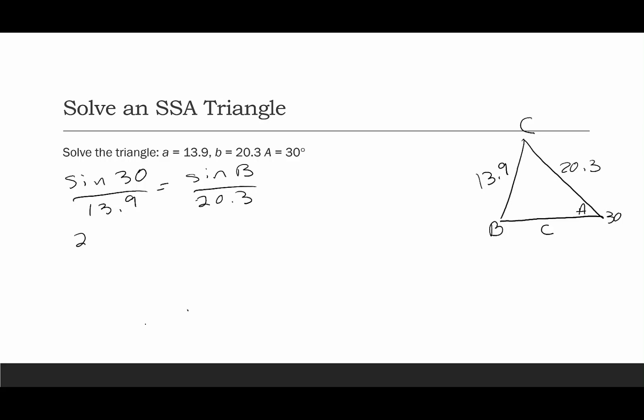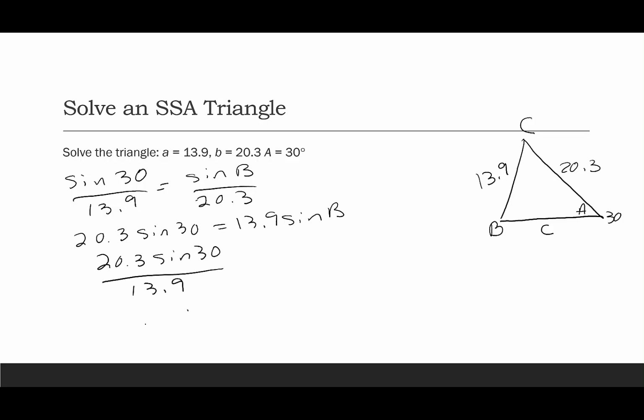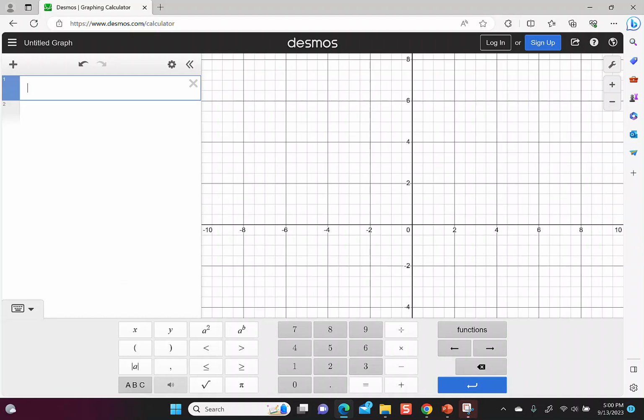We cross multiply to get 20.3 sine of 30 equals 13.9 sine of B. I'll divide 20.3 times the sine of 30 by 13.9, and that will be equal to the sine of B. After we get this ratio, we'll find the sine inverse of 20.3 sine of 30 over 13.9 to get our angle B.